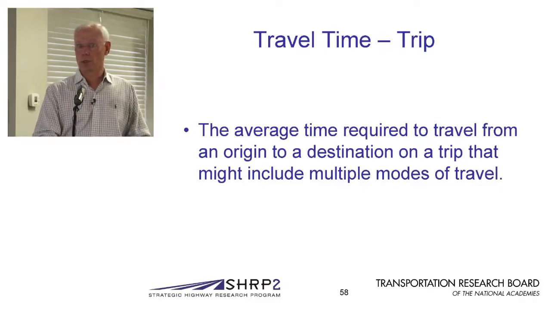So taking a look at travel times associated with trips is important, and it's especially important for commercial vehicles and people that make trips to deliver from ports to wherever the destination of those goods are. They want to know how long the trip is going to be, and it becomes important in that context.